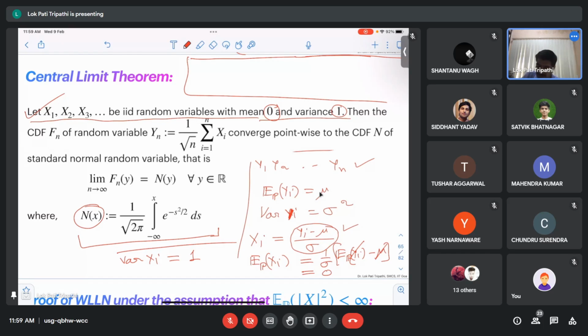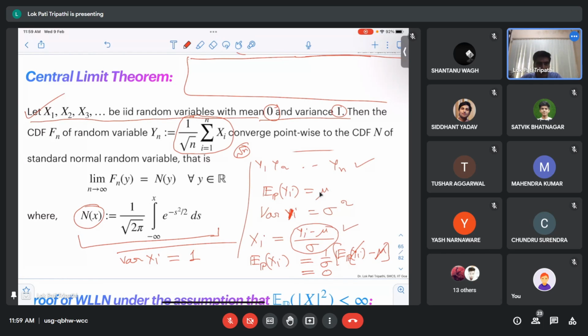So Y_n is not actually the sample mean. It is actually square root n times the sample mean. If you consider the sample mean itself, it will go to 0, so you will not be able to visualize the limiting distribution.